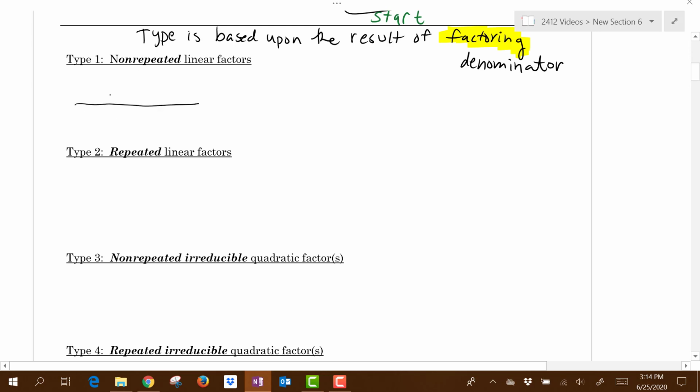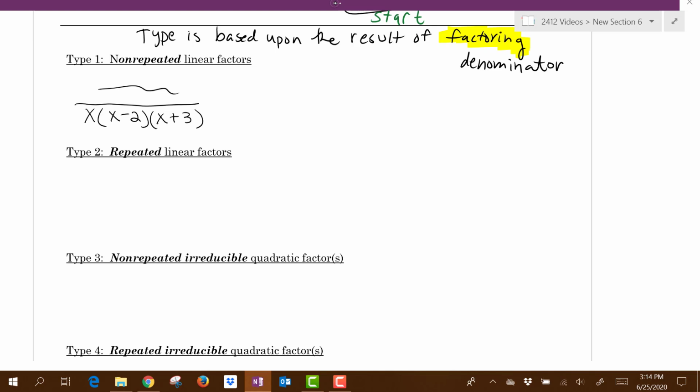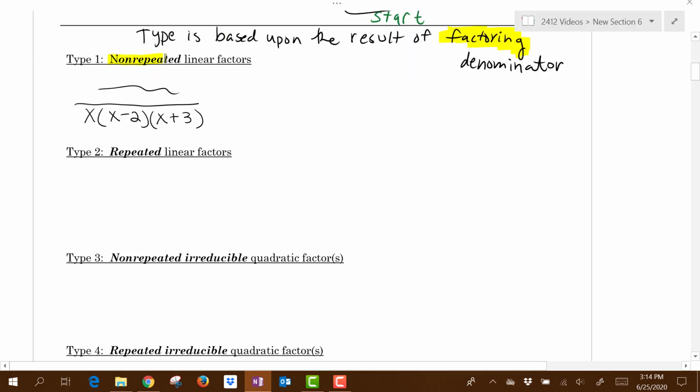So when I factor my denominator, let's say that I end up with something that looks like this. Don't really care about what's happening at the top. Just focus on what happens when we factor the denominator. And let's say we factor it completely and this is what we get. This is what we would call non-repeated linear factors. So non-repeated means that each of those factors that's multiplied together only appears one time.